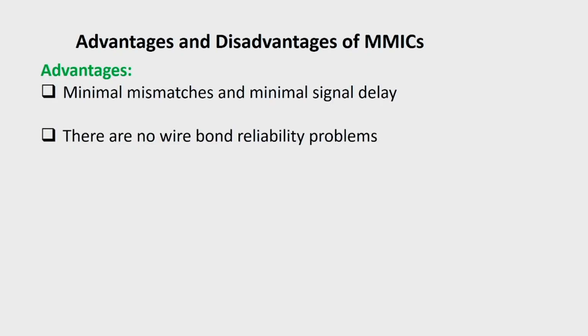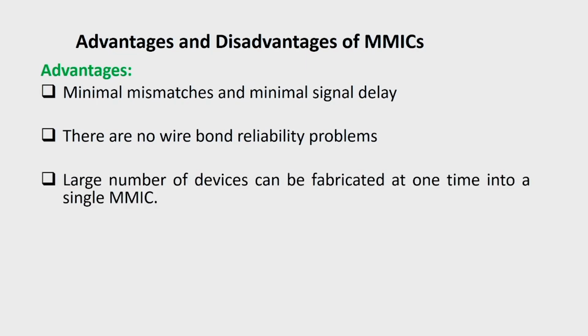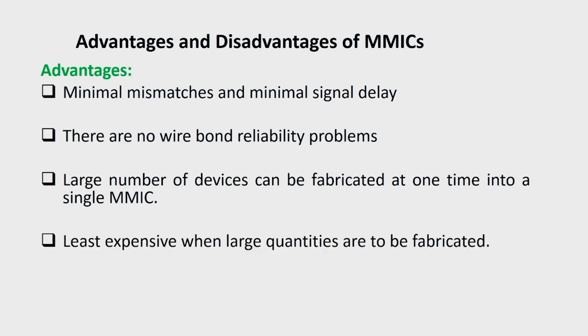Wire bond reliability problems are eliminated. A large number of devices can be fabricated at one time into a single MMIC. It is the least expensive when large quantities are to be fabricated.